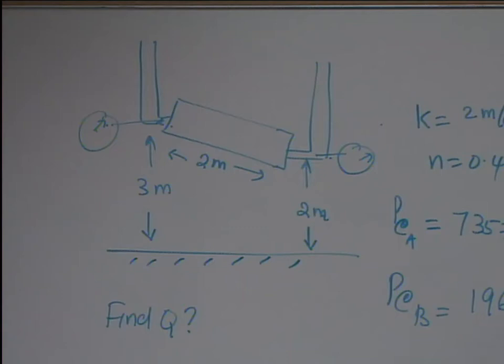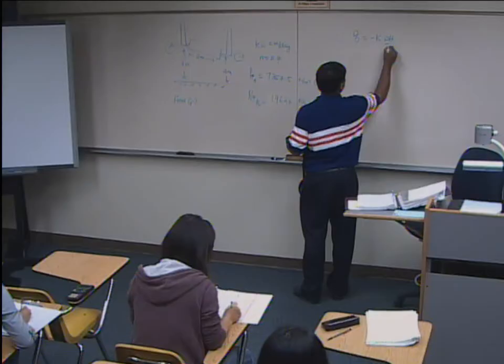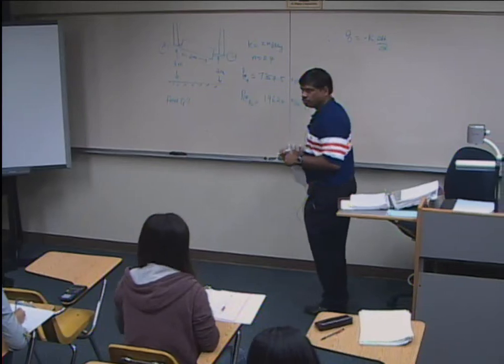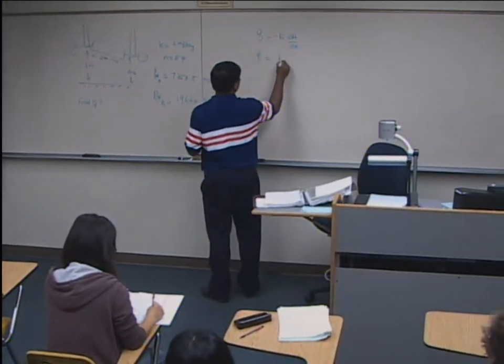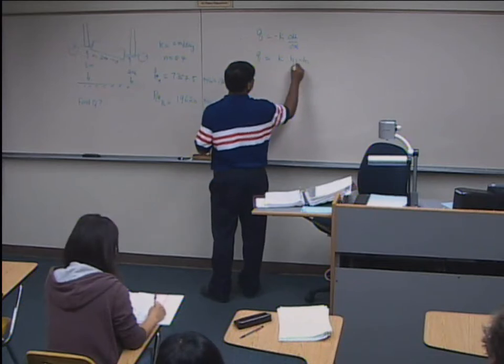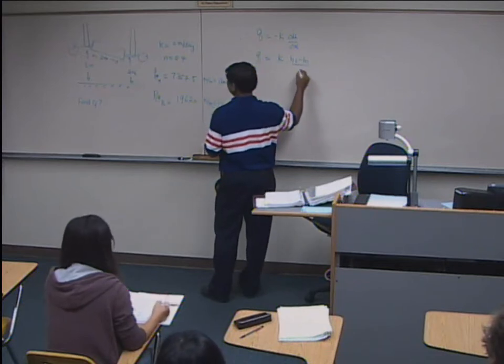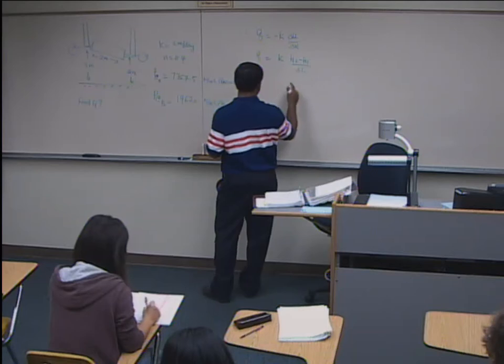Keep in mind all these problems, we're going to eventually use Darcy's law, right? So Q is equal to K times H2 minus H1 divided by delta L, or length.